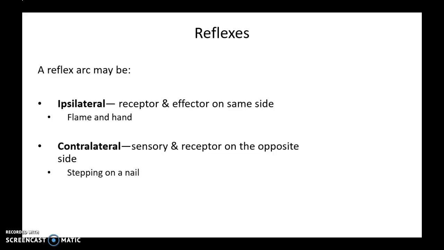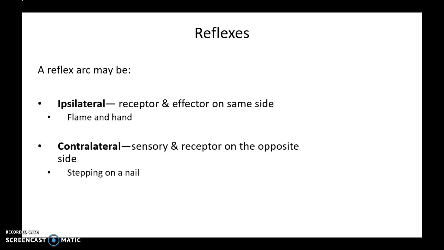However, in order to withdraw the foot, do you have to use your other leg to balance yourself? Yes, you do. Therefore, I want you to understand, as you step on the nail with one foot, you feel the pain. However, the muscles on your other leg are working to maintain balance so you don't fall down.